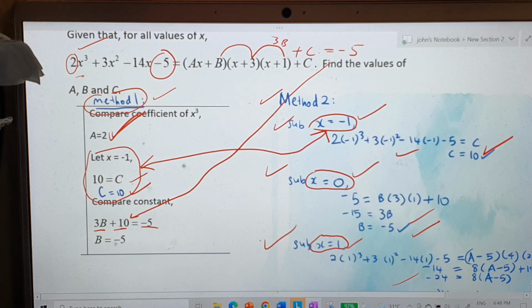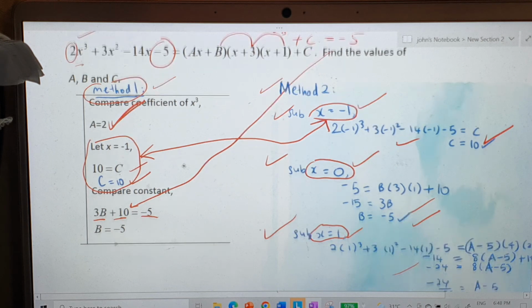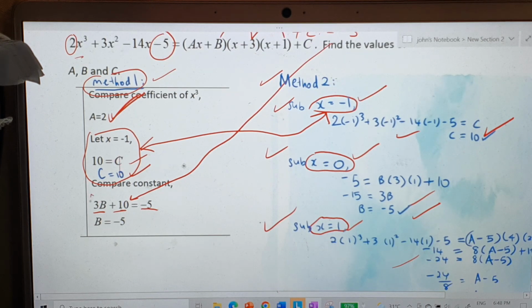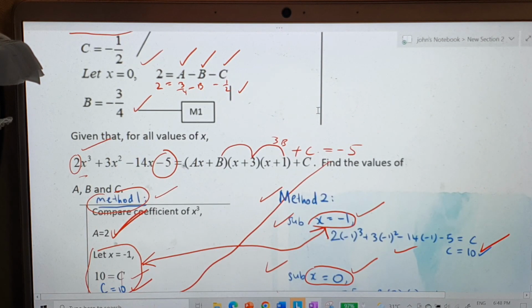But if you try to compare, sometimes you may end up with these two unknowns like this. 3b plus c, two unknowns. Then you have no choice but to use another method to find this. You can try to use compare coefficient again, but you may end up with some unknown plus another unknown.